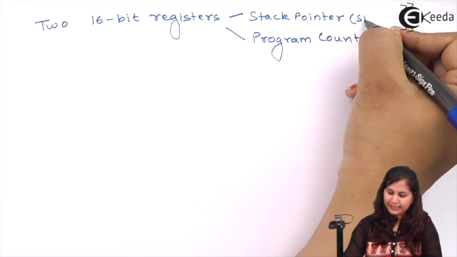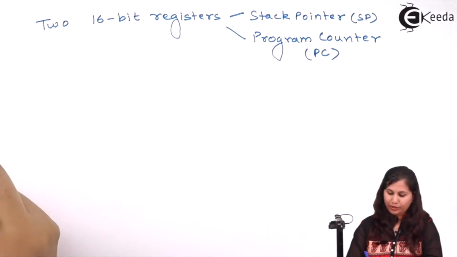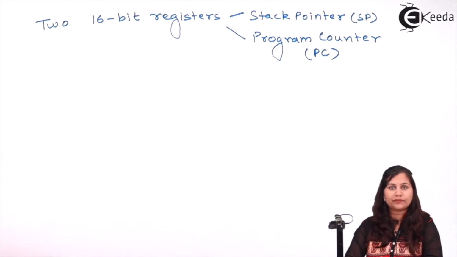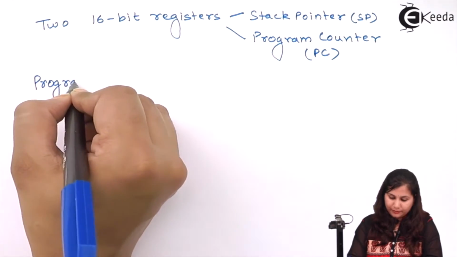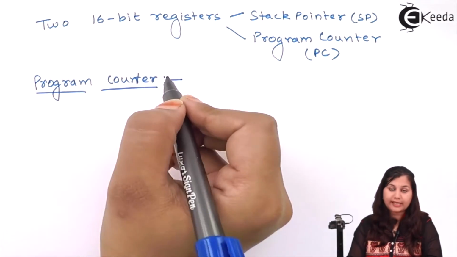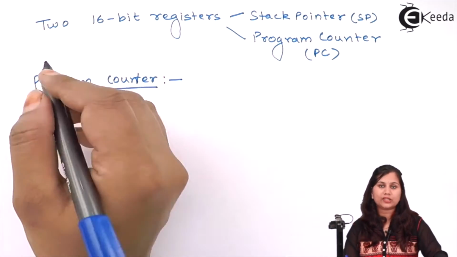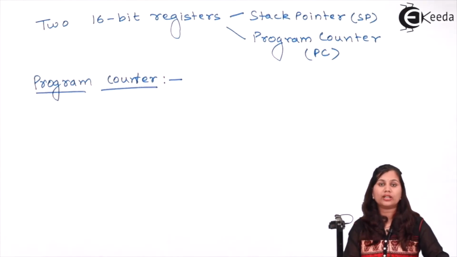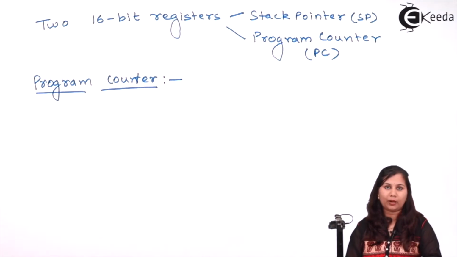Stack pointer is SP and program counter we can write as PC. So let us study what is the use of these 2 registers. Program counter is used in the execution of the instructions. When the microprocessor is executing an instruction, the address of the next instruction is stored in the program counter.